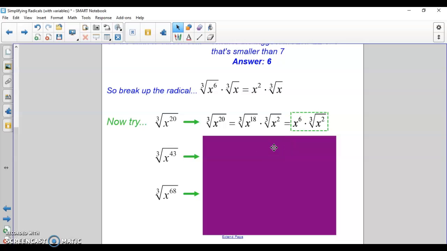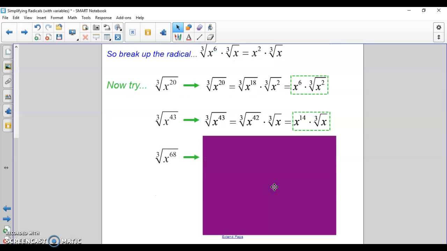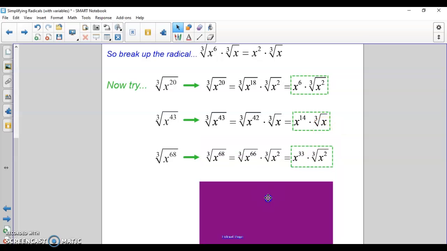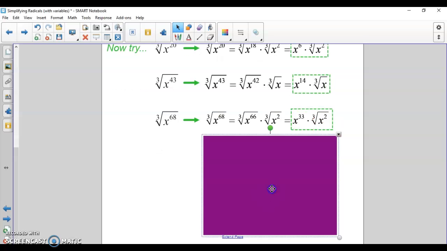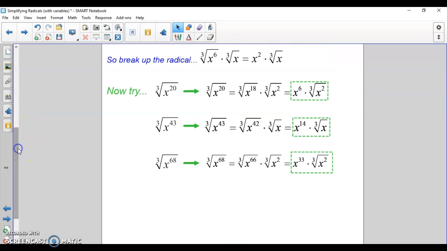Look at the same things moving forward here. 42, biggest multiple of 3 that's smaller than 43, it's 42. It only takes 1 x to get back this time. Do 42 divided by 3, it's 14. 1 x is left over here. Last one, same deal. I'm just left with 2 x's to get back inside there.